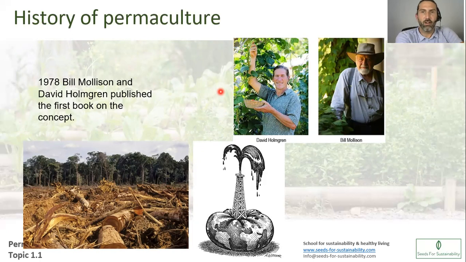They are called the founding fathers of permaculture. At the end of the 1970s, they basically coined the term for the first time. They mentioned the word permaculture, and no one really knew what it meant. The idea was to create permanent cultures or permanent agriculture.